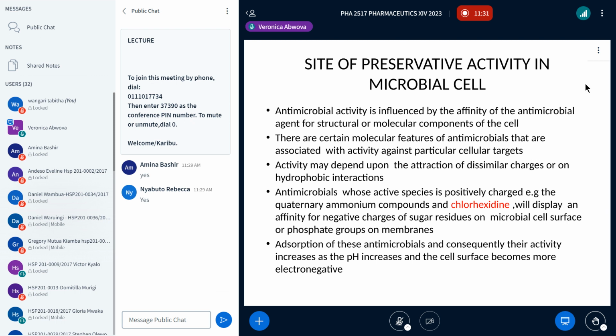So again, we're just basically trying to explain the fact that antimicrobials will tend to have an attraction for specific species within the cell, and then they will disrupt those species. Absorption of these antimicrobials and consequently their activity increases as the pH increases and the cell surface becomes more electronegative.